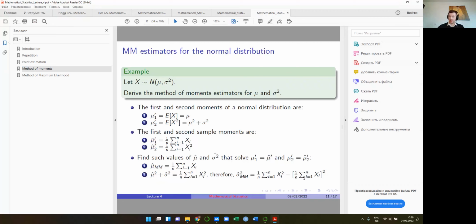Both the sample variance and this method of moments estimator are estimators for the population variance, but they are calculated differently. So the question is which one is better. Not correct, both are correct, because both are derived somehow. So which one is better?